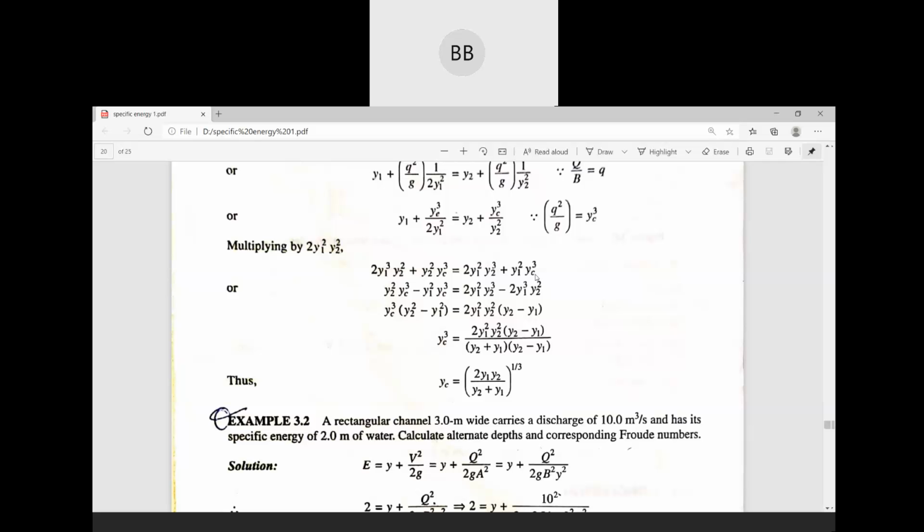This is equal to, again multiplying by twice y1 square y2 square with y2, twice y1 square y2 cube, plus, multiplying with this term, the 2 will cancel out and y2 square will cancel out, leaving y1 square yc cube.